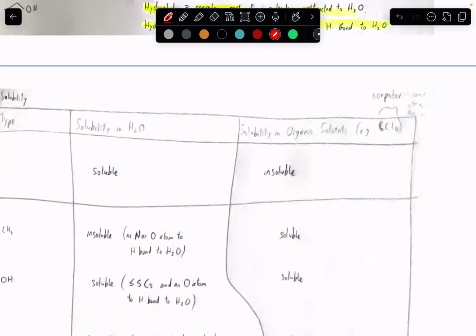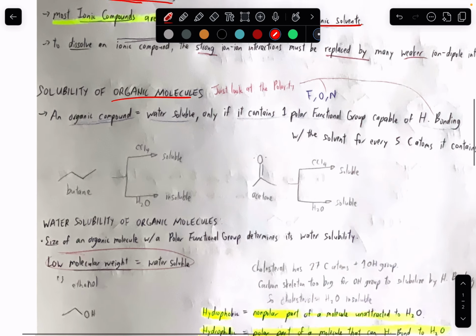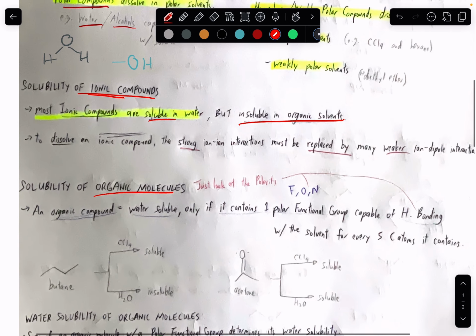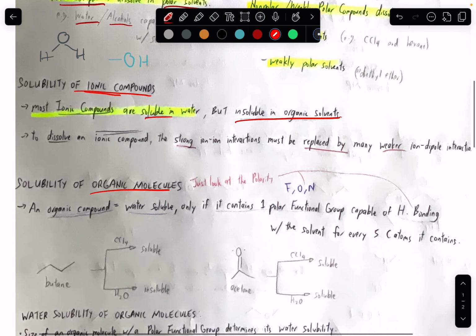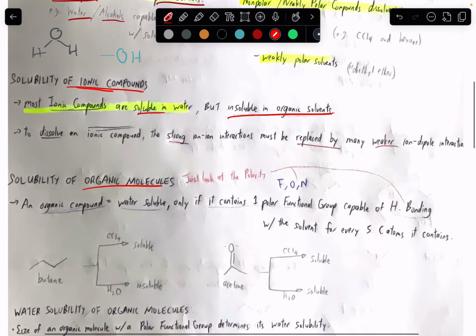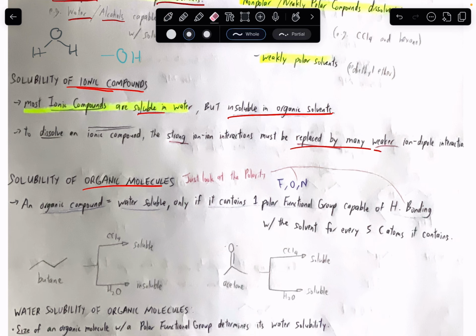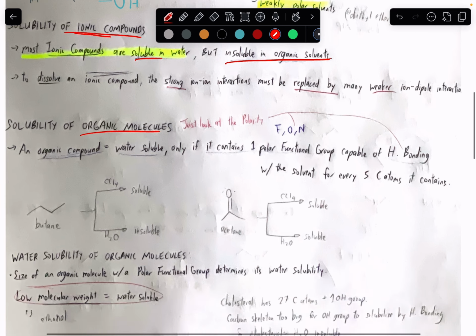Solubility in organic solvents, an example is CCl4 because it's non-polar. So, if you want to dissolve an ionic compound, the strong ion-ion interactions must be replaced by many weaker ion-dipole interactions.